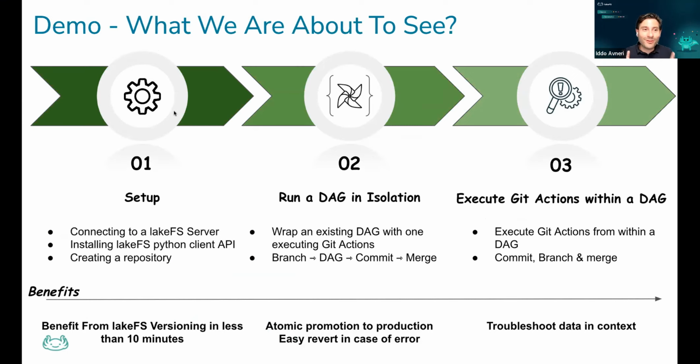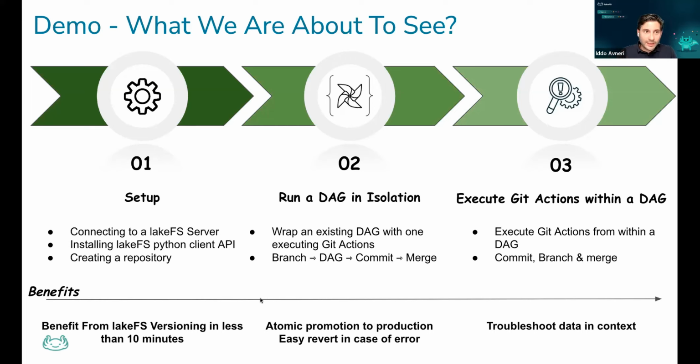We're going to take an existing DAG and we're going to run it in isolation. We'll branch out, run the DAG, and merge it back into main. And that kind of use case gives you a few very valuable things. It means that all the changes that the DAG did will atomically be promoted to production.